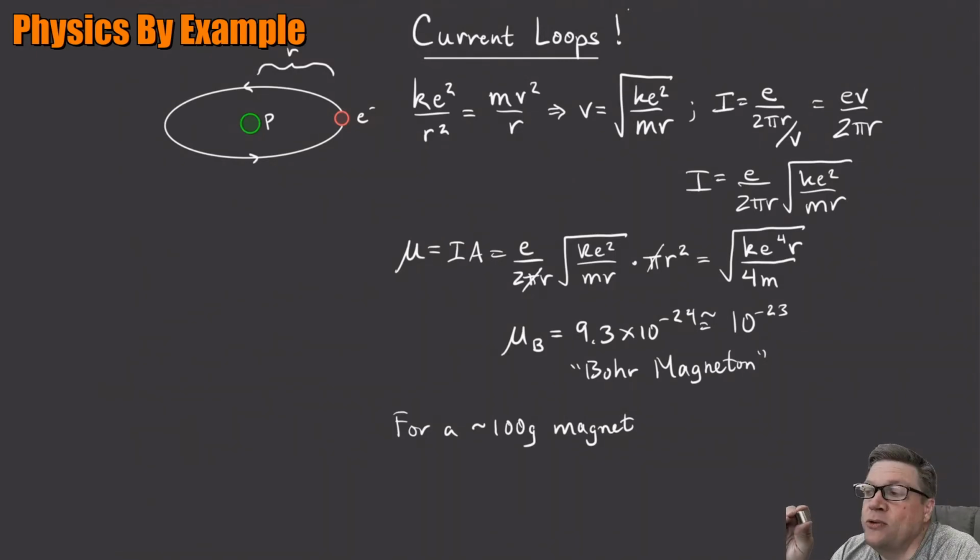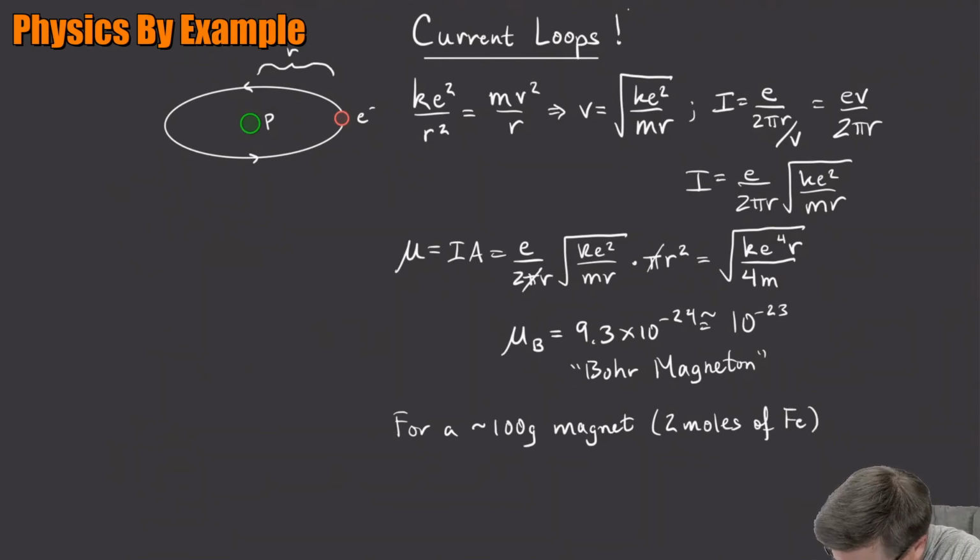And if it's got 2 moles of iron and each one is contributing that much magnetic field, what would be the total? It would be the strongest magnetic field that such a magnet could possibly have. The total magnetic moment is just going to be 2 moles, so 2 times 6 times 10 to the 23rd atoms in each mole.